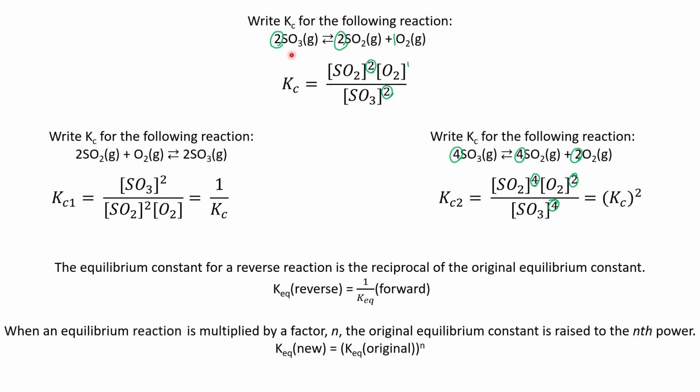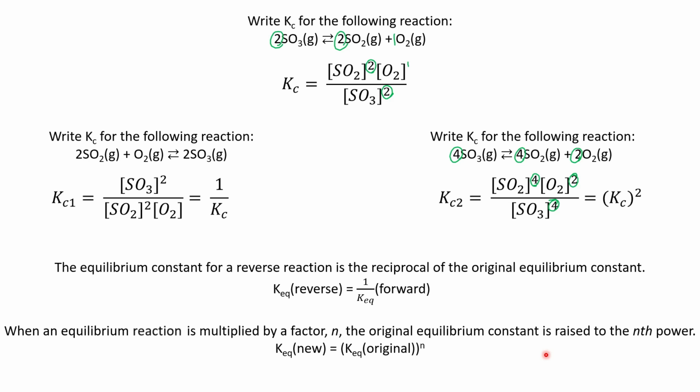So again, up here we took our original equation and we multiplied through by 2, so we raised the Kc to the second power. Generically, KEQ for our new reaction is going to be our original KEQ raised to whatever n is.